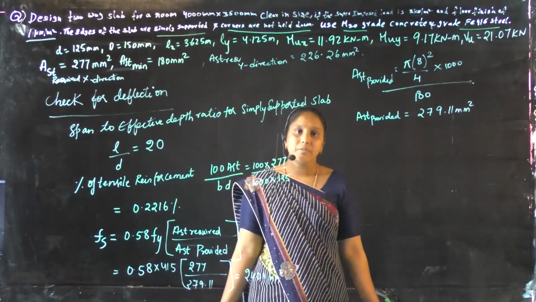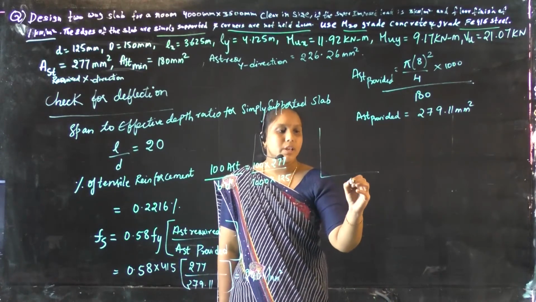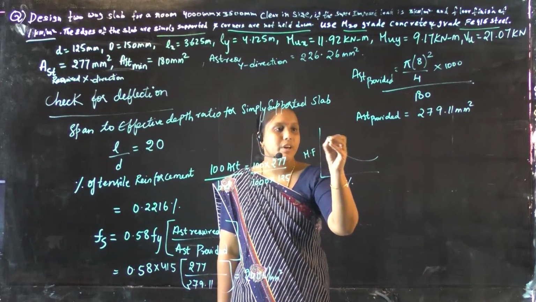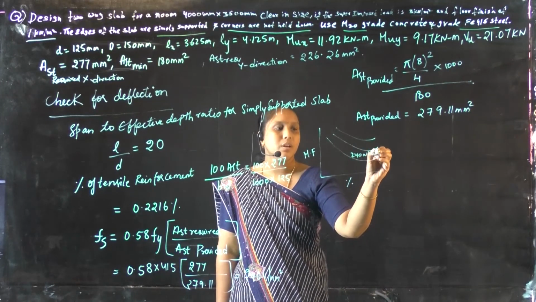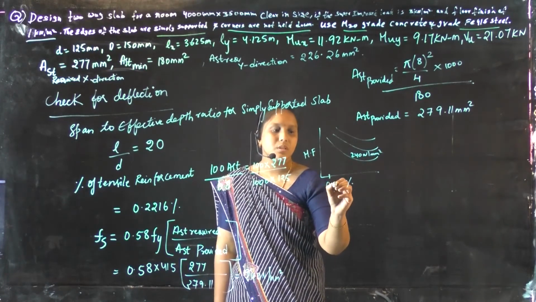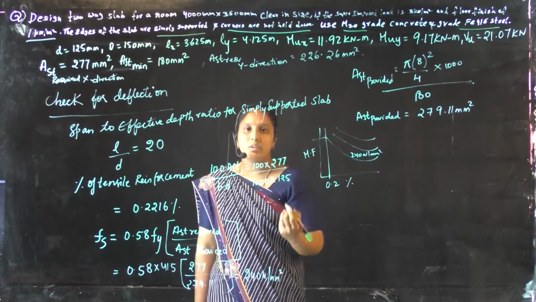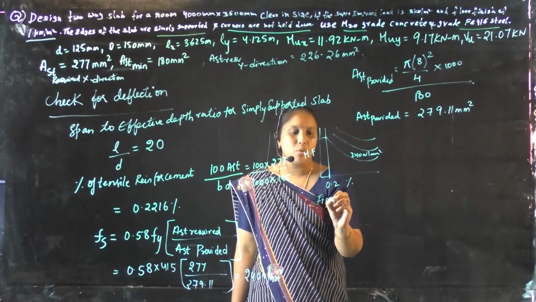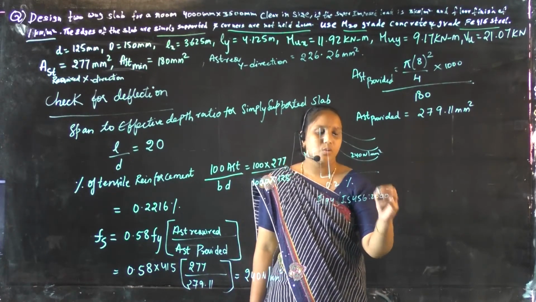Now from figure 4 you have to find the modification factor. In figure 4 you have the percentage of steel on one axis and the modification factor on the other, with different Fs curves. For the curve of 240 Newton per mm square, and for the percentage of steel we got here, which is 0.2, we calculate the modification factor from figure 4 of IS 456 2000.